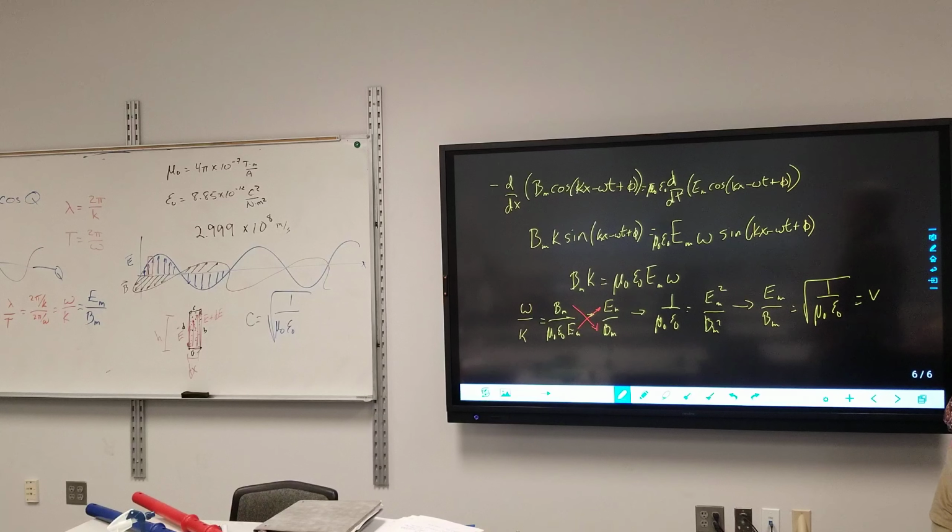No, it's not a unit issue. I will say that the fact that Maxwell had not made a mistake will kick off one of the great revolutions of physics.